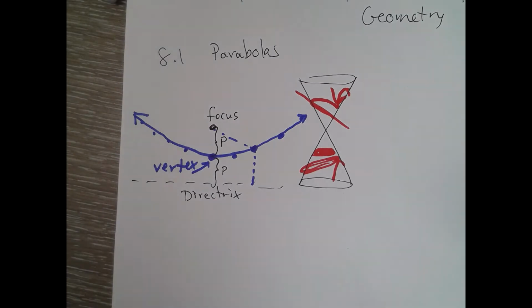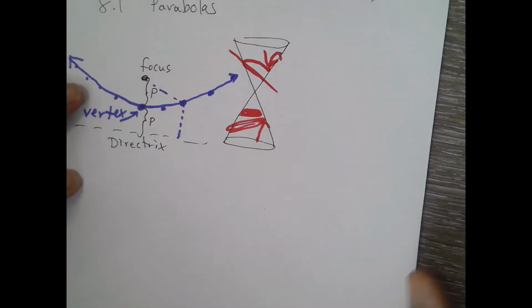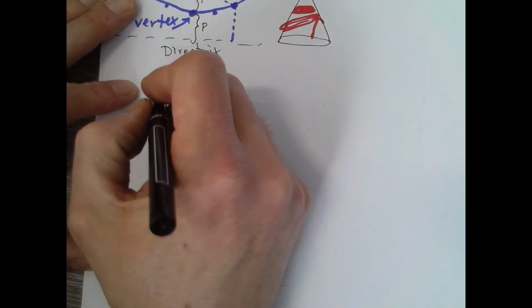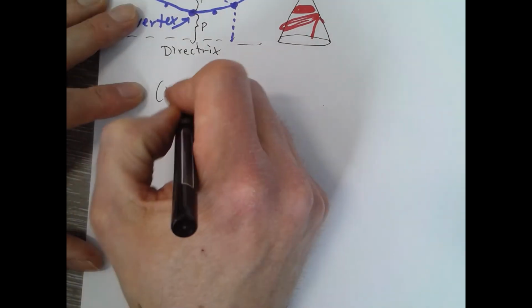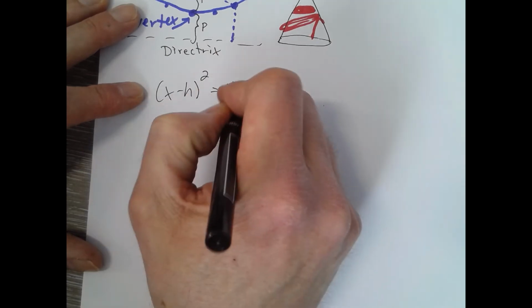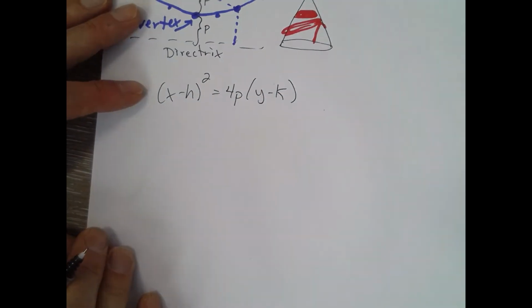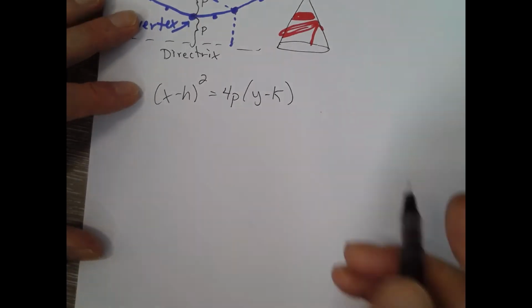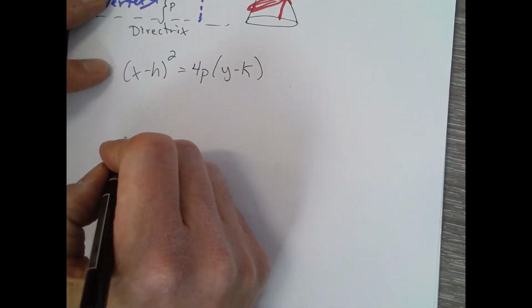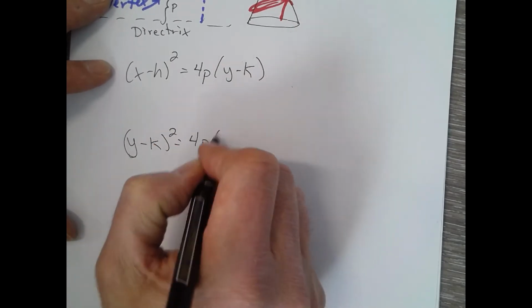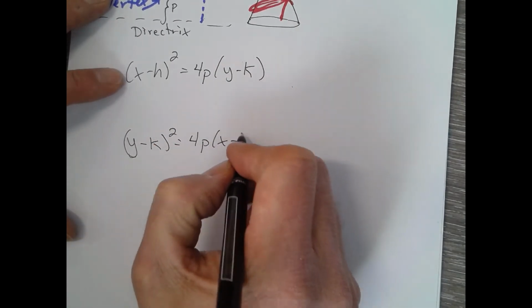Okay, and there's two different versions of equations for parabolas. We could do x minus h squared equals 4p times y minus k. And we have y minus k squared equals 4p times x minus h.